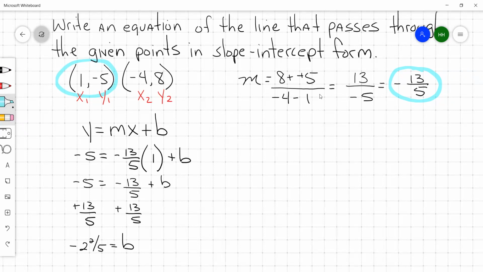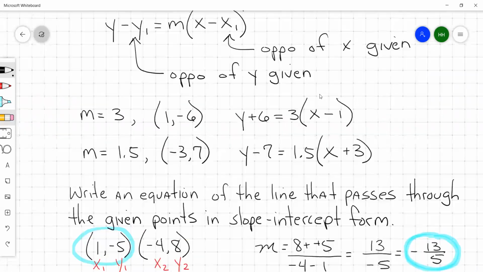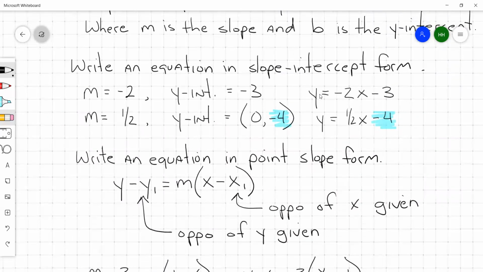So now you've got your b, which is your y-intercept, and you already had your slope. So this becomes just like these problems up here that you just did, right? Here was your slope. Here was your y-intercept.